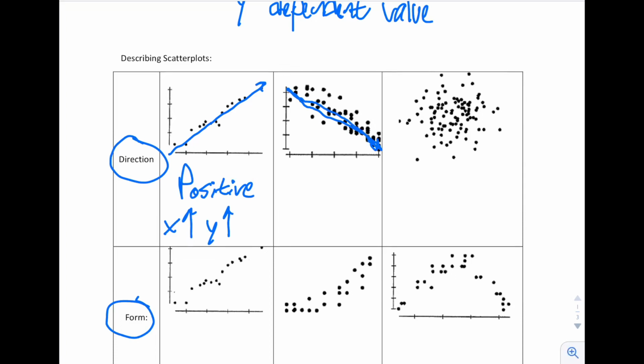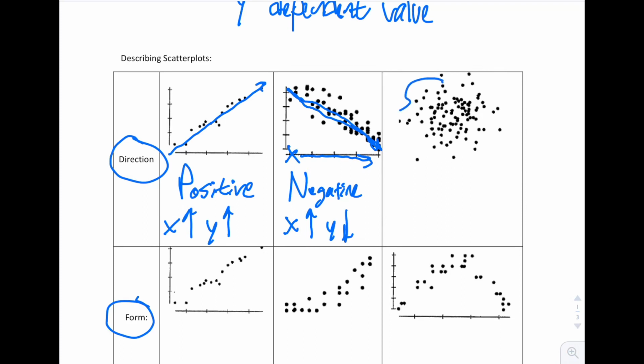There you go. If you can imagine that line, we can see that clearly the association is negative, and that means as these x values are increasing, going this way, we can see that the y values are decreasing. So as x goes up, y goes down. And if we were just to think about two actual quantities with context, as one variable goes up, the other goes down.